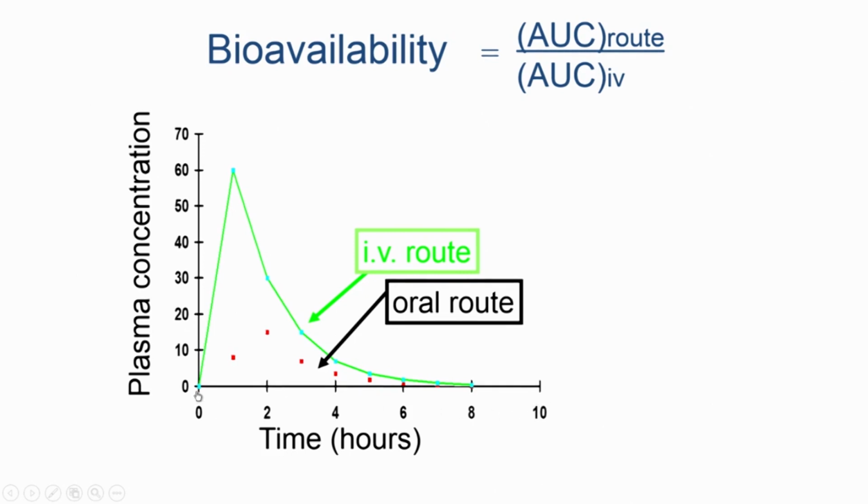Whereas, if I give the same amount of drug through some other route, in this case the oral route, then only a fraction of it is going to reach, and then it is going to get excreted out as well. So, the area under the curve with the IV route versus the area under the curve with the oral route will give you the bioavailability of the oral route. As I said, bioavailability for the IV route is always going to be 1 or 100%.